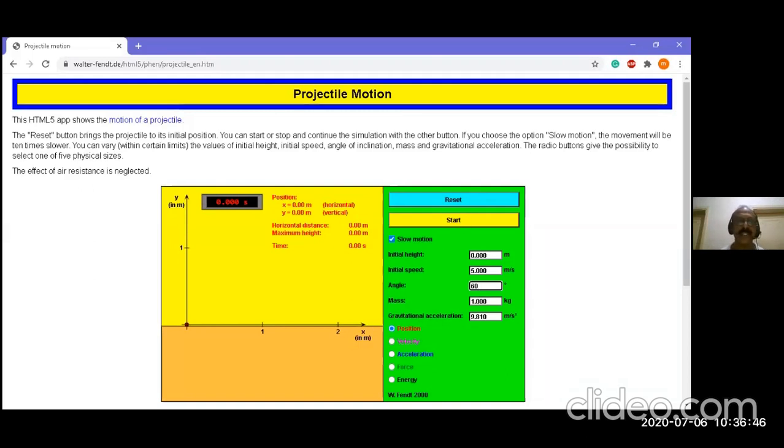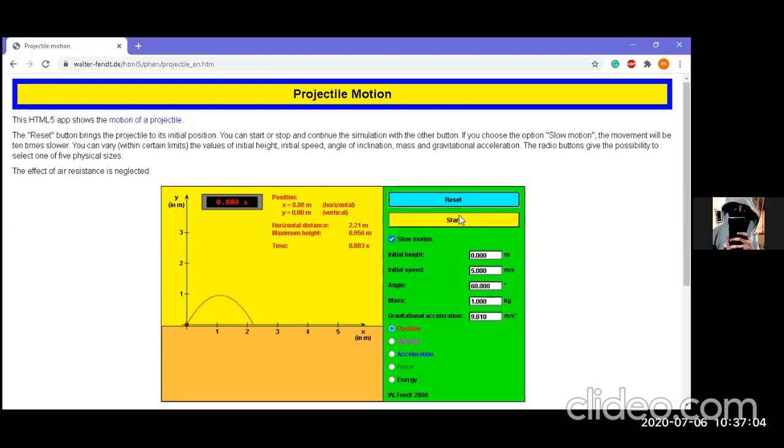Once again, check. Look at how it's going: horizontal and vertical displacement. Horizontal displacement is u cos theta, vertical displacement is u sin theta, into that formula S is equal to ut plus half at square. That formula I told you.